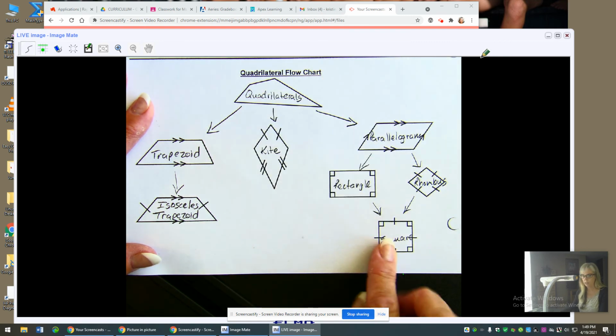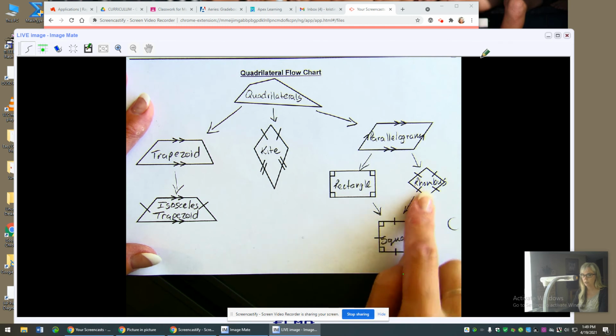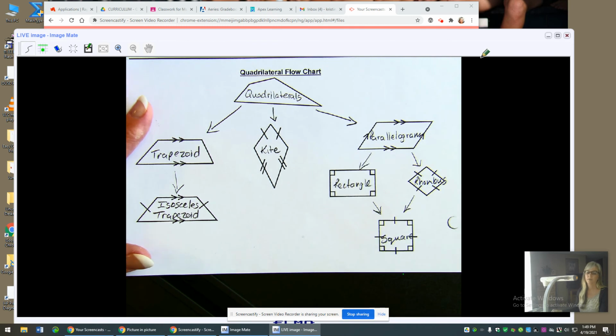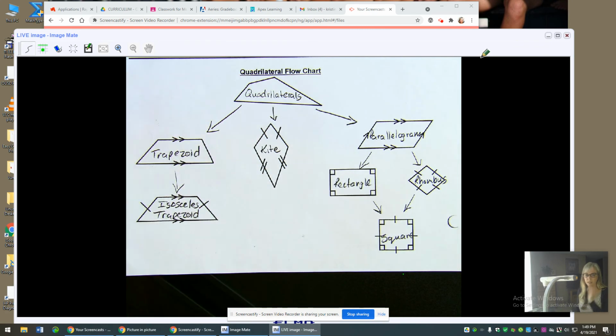The square is a rectangle, the square is a rhombus, the square is a parallelogram, and on and on. Again, we'll get to trapezoids, isosceles trapezoids, a specific type of trapezoid, and then a kite is just an odd guy, but he falls into the quadrilaterals. Okay, so that covers our organizational charts with some characteristics on that first page. I'll do another video for the specific 4.5 lesson.